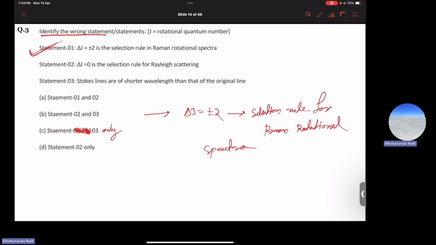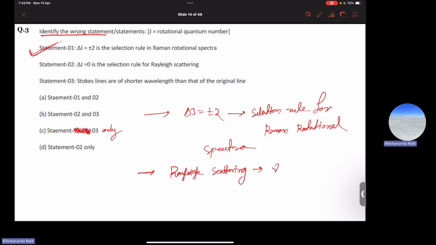Then statement 2 says delta J equals 0 is the selection rule for Rayleigh scattering, and we know what Rayleigh scattering is.